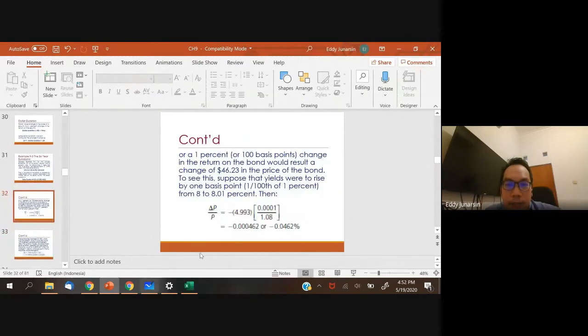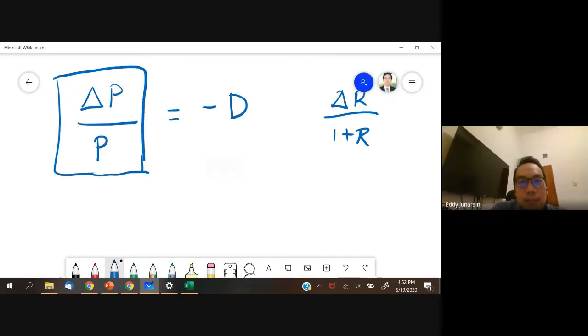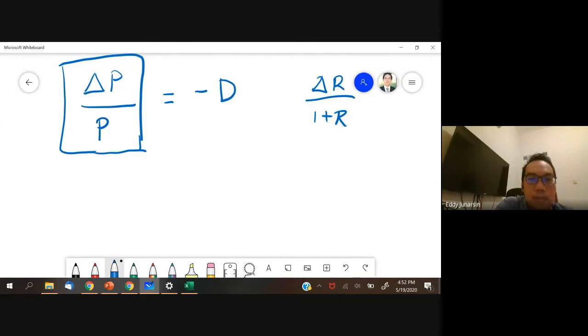Okay, so before we see an example, there are some definitions that could be defined here. So, minus duration multiplied by the change in interest rate divided by 1 plus original interest rate.